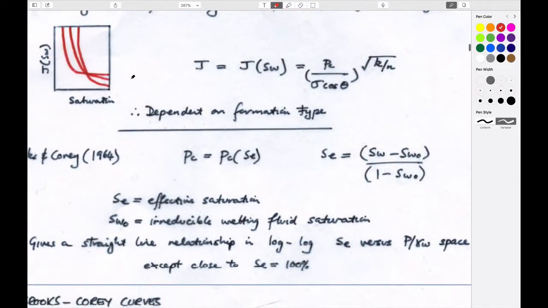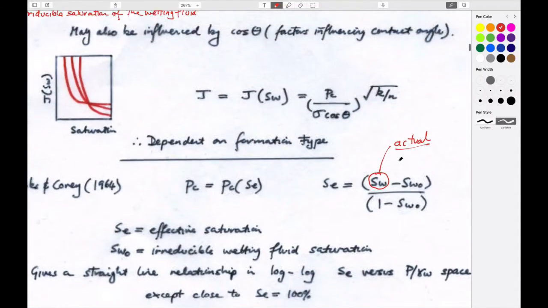One way to do that would be to define the saturation not in terms of the actual saturation. So this is the actual saturation of water that we'd measure in an experiment. But we could measure it relative to the irreducible saturation of water.